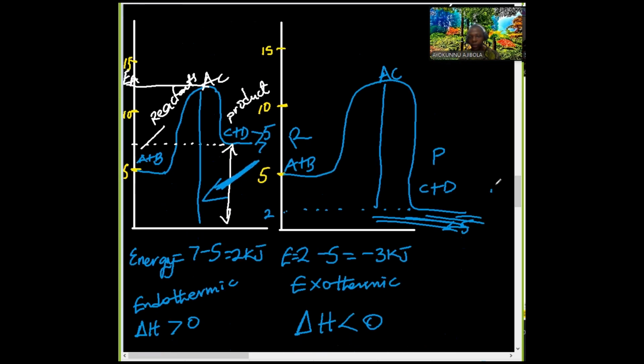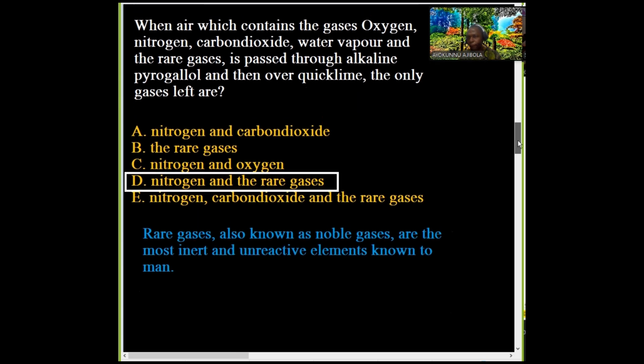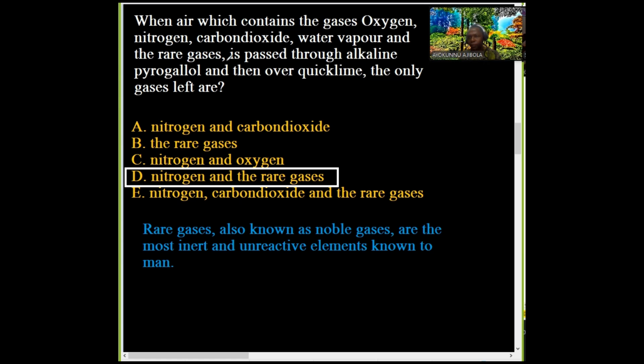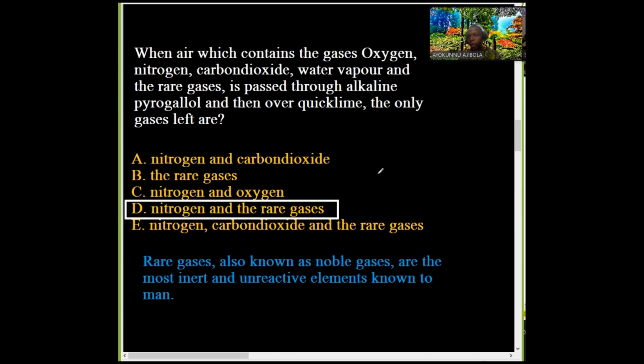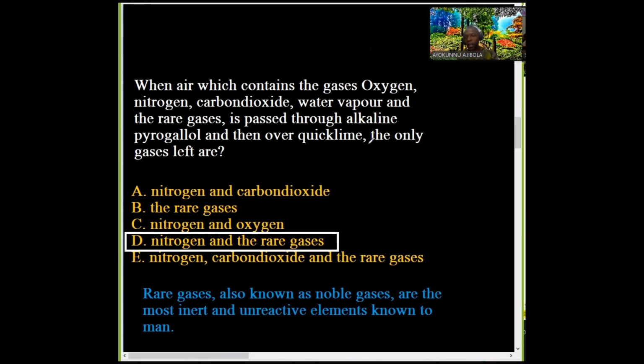Yes, sir. What you need to do is to make sure you read up on those topics: energy profile, and chemical bonding, that is electrovalent bonds and atomic bonds. Then you read more about reactivity, the reactivity series of gases or elements, so that you know the ones that will react actively and the ones that will not react at all.